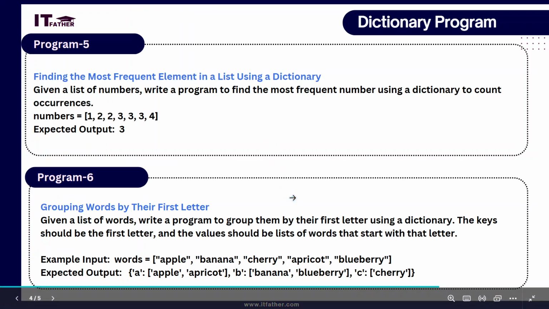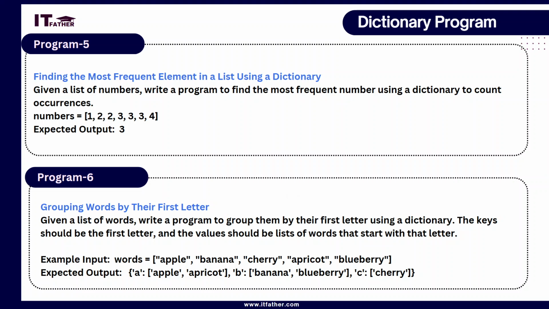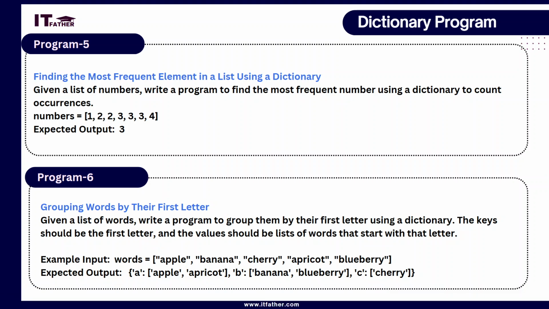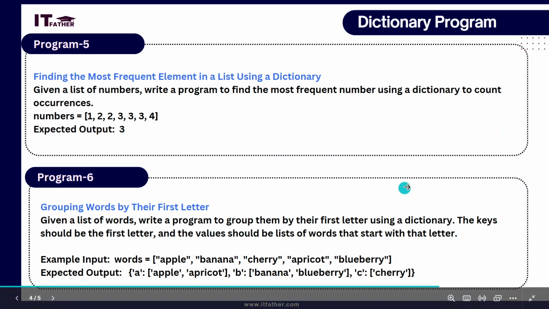Now next we have grouping words by their first letter. Given a list of words, write a program to group them by their first letter using a dictionary. The keys should be the first letter and the values should be the list of words that start with that letter.